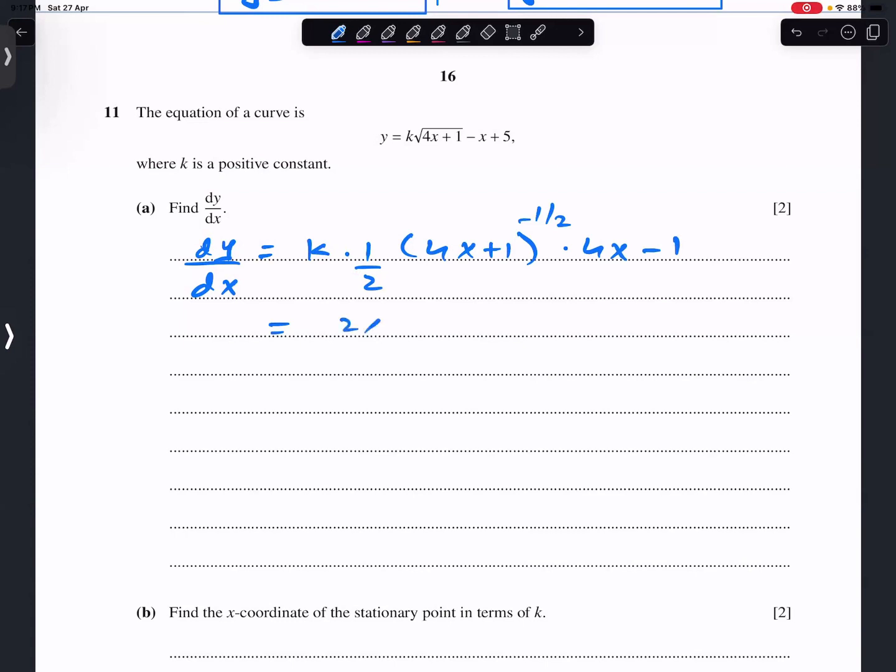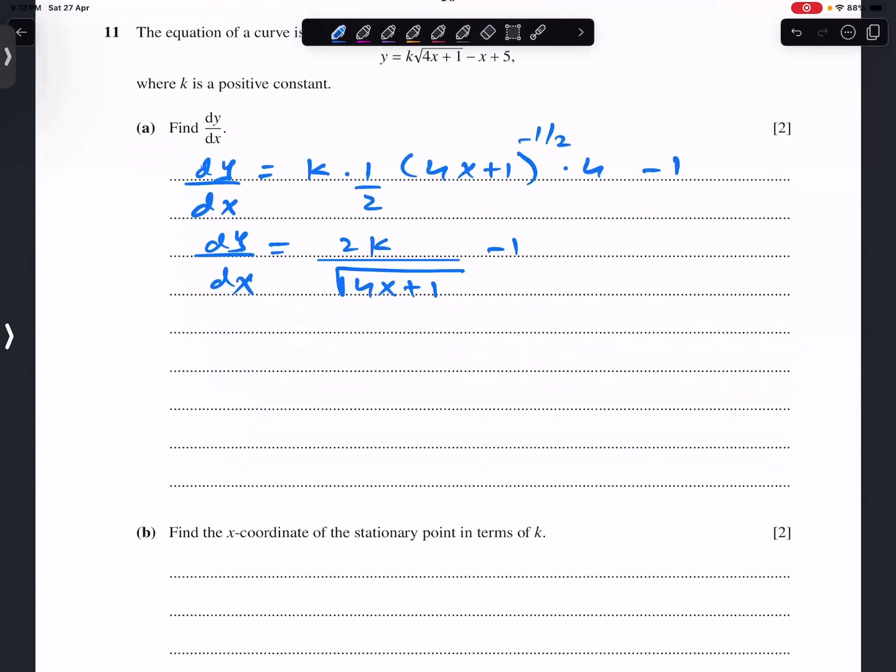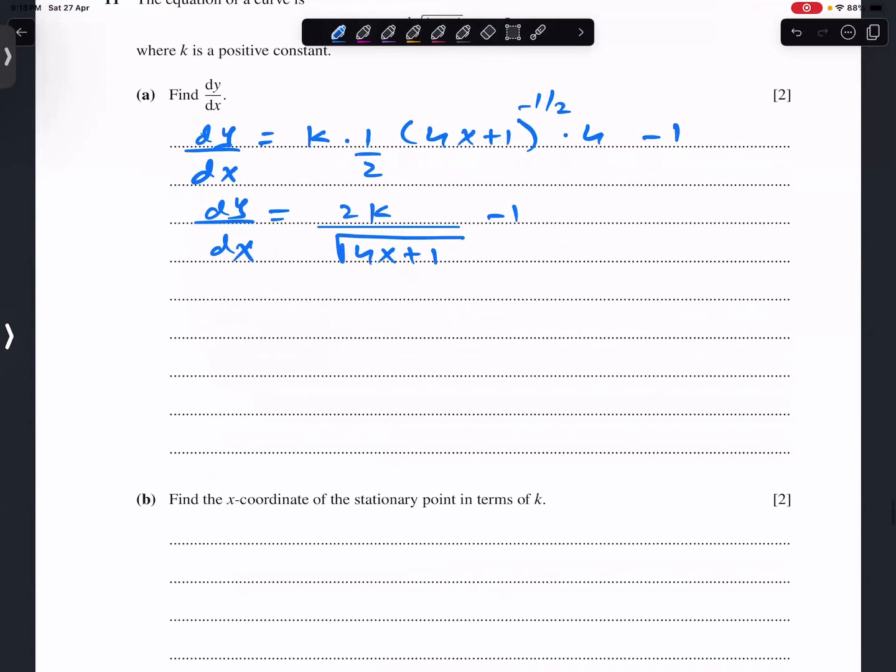So the result will be just 4, I think so. Just 4. So 2k divided by root of 4x plus 1, minus 1, is dy by dx. Find the x coordinate of the stationary point in terms of k. So it means you will put the derivative equal to 0, and then we will make x the subject.